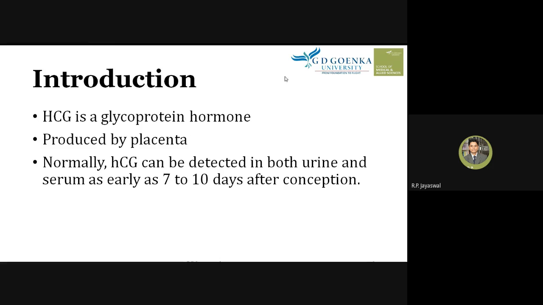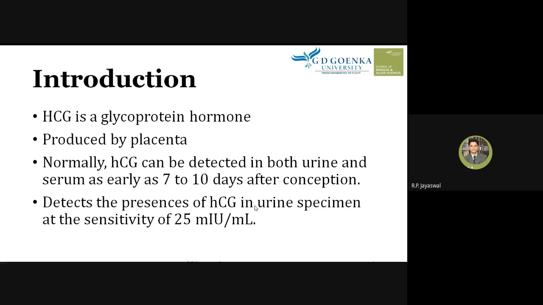Normally, HCG can be detected in both urine and serum as early as 7 to 10 days after conception. So when a lady has conceived, within 7 to 10 days of conception this HCG hormone can be detected in a urine sample as well as a serum sample.